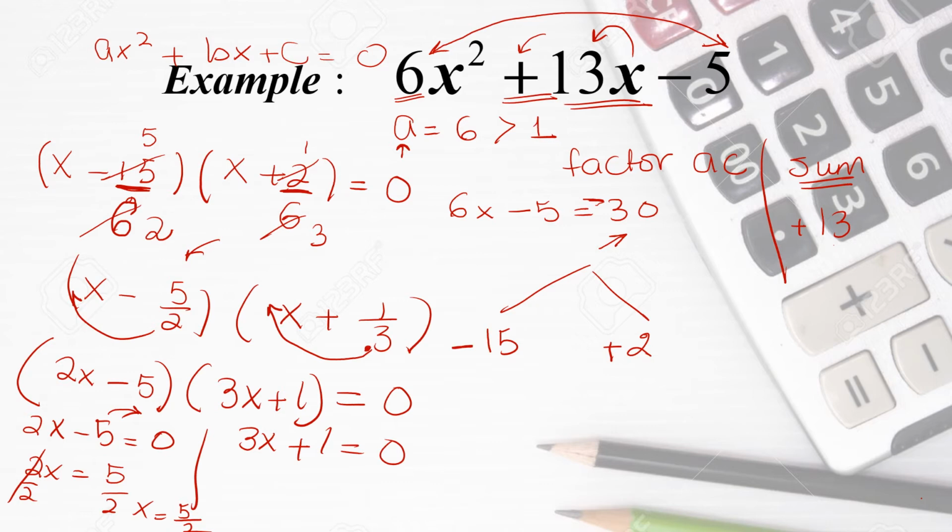But it is good to understand what we do. Now bring the 1 to the other side. So 3x equals negative 1. Divide both sides by 3. So x equals negative 1 over 3. So the solutions of x are 5 over 2 and negative 1 over 3.